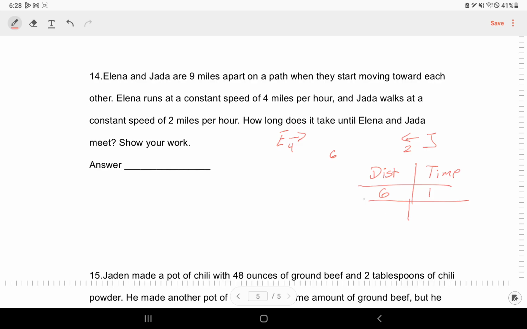Well, 6 doesn't go into 9, but 3 does. So I divide by 2. And so when I divide, I get 3 and 0.5. Well, times 3 gives me 9, and half times 3 is 1.5, so 1.5 hours.